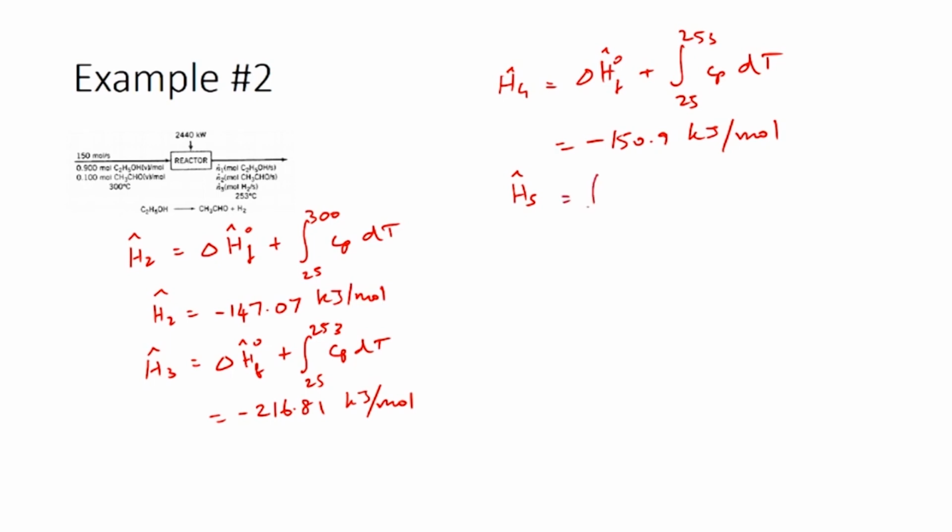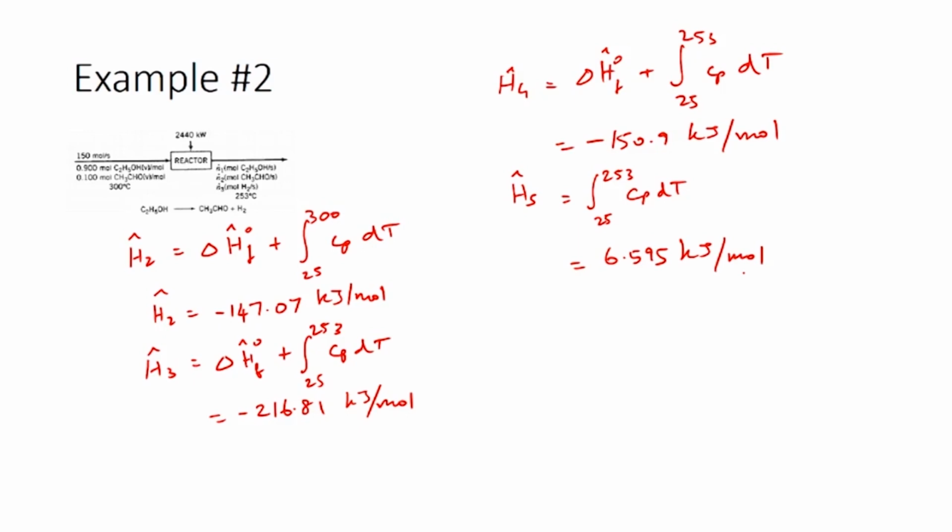So, you would have this as integral 25 to 253 Cp dT, where Cp is the Cp of hydrogen gas. So, you can calculate this as 6.595 kilojoules per mole. So, now we have all the values for H1, H2, H3, H4 and H5.